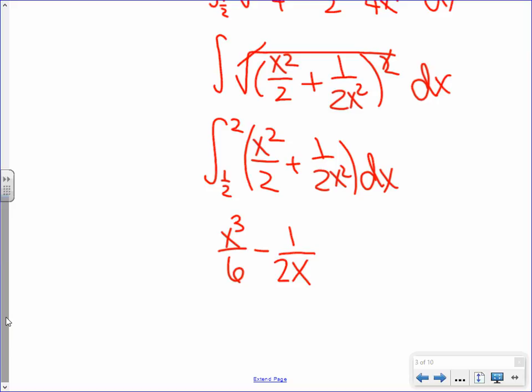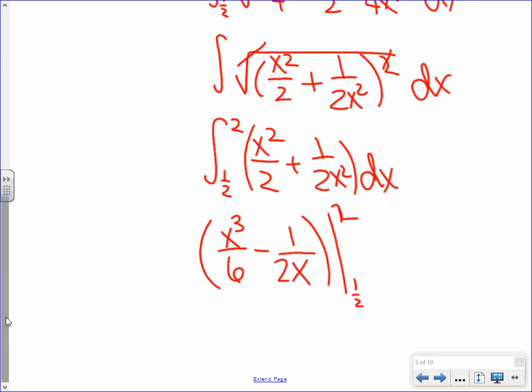I forgot the 2, right? Evaluated from 1/2 to 2. So basically we just took the equation we started with, x cubed over 6 plus 1 over 2x, and just took it from 1/2 to 2.